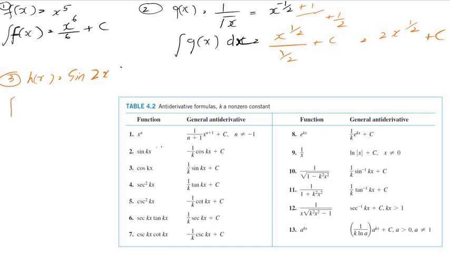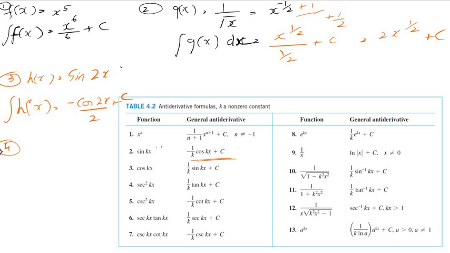So integration or antiderivative of hx would be, we see that the derivative of cos 2x is minus sine 2x, so it is minus cos 2x divided by 2 plus c. So we use this equation to answer that. Then let's see fourth one, another question.